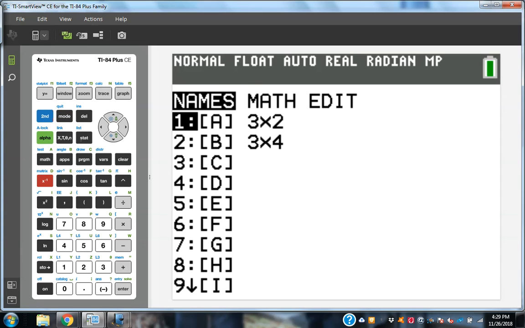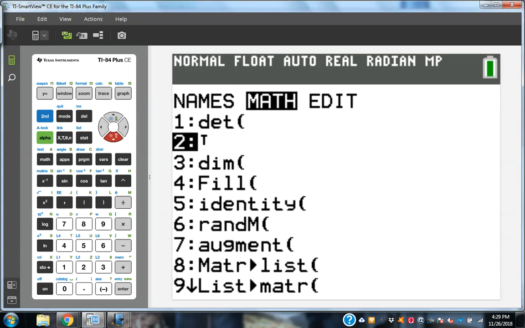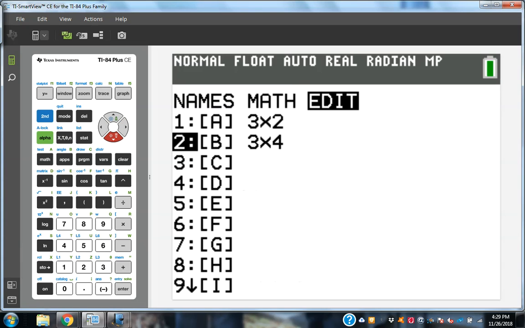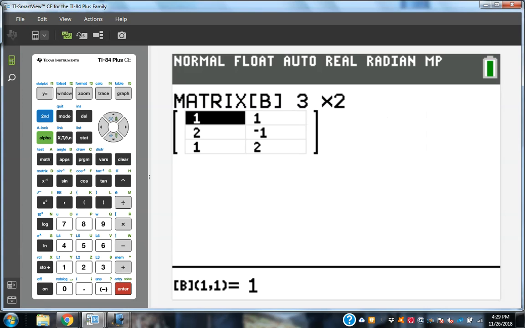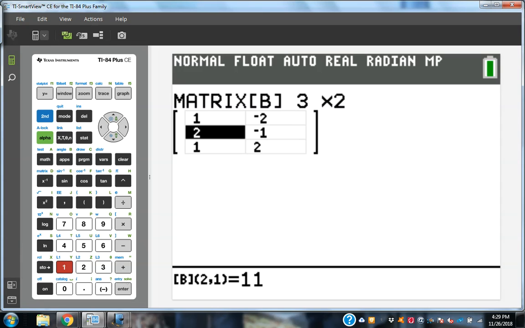And I go back to matrix, go to edit, go to matrix B and type in that one. It's a 3 by 2: 1, -2, 11, 8, -5, 14.